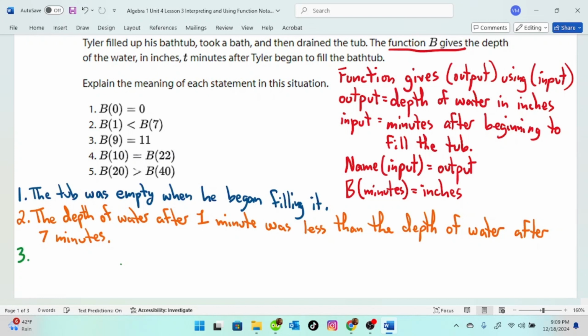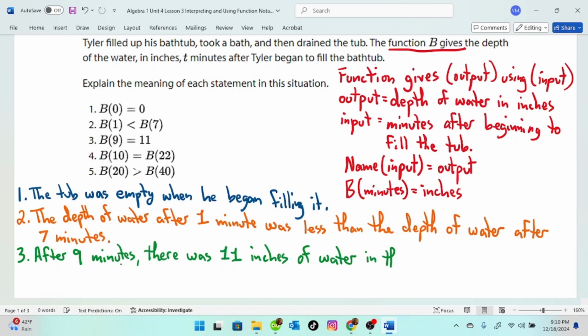So we would say after 9 minutes, there was 11 inches of water in the tub.